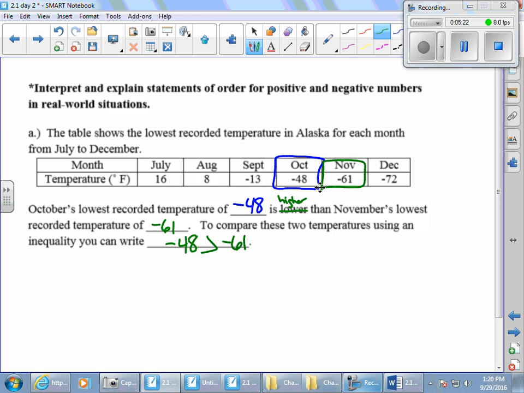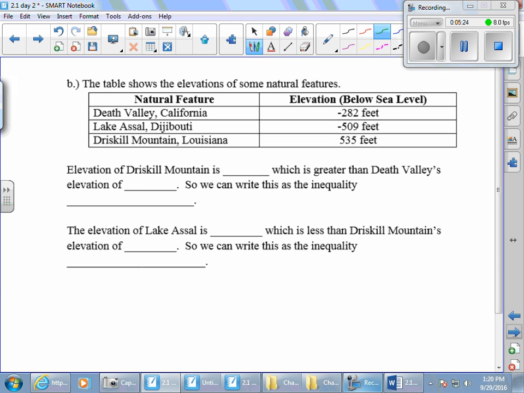Let's look at another example. This one's different because it's talking about elevation. You can see we have Death Valley, we have Lake Assaul, we have Driscoll Mountain. So things that are high, things that are low, we're comparing them. So the elevation of Driscoll Mountain is negative 282.